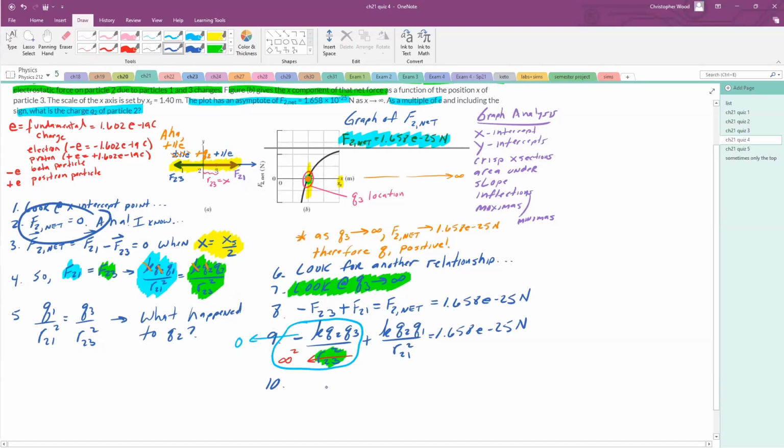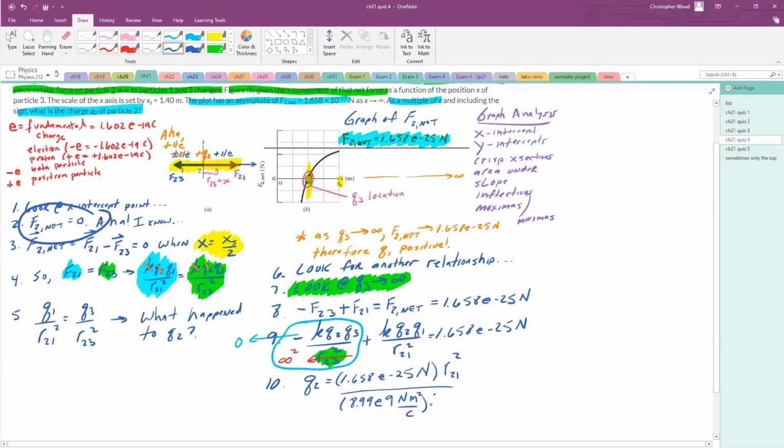I'm going to isolate Q2. Q2 equals 1.658 E minus 25 newtons times R21 squared, all over K Q1. And here's the first time I'm going to write K, Coulomb's constant: 8.99 times 10 to the 9th newton meter squared per coulomb squared.